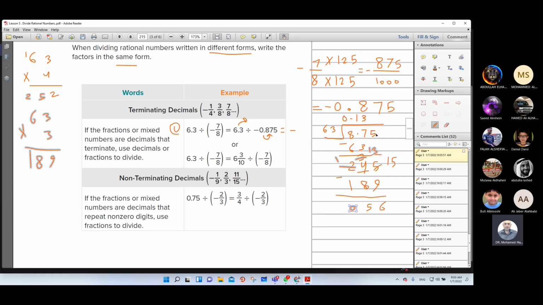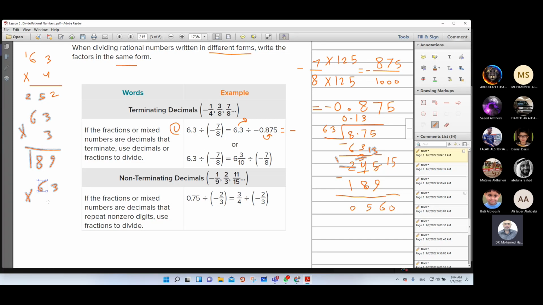No numbers to drop here, but you can continue. You can continue because you have here a point. You can add here 0 and continue. Now we want a number multiplied by 63. The answer will be 560 or less than.